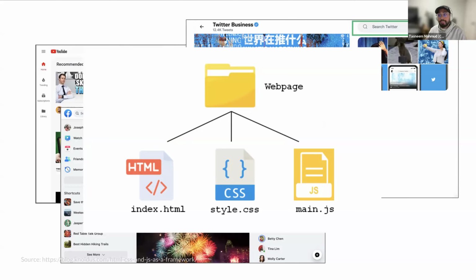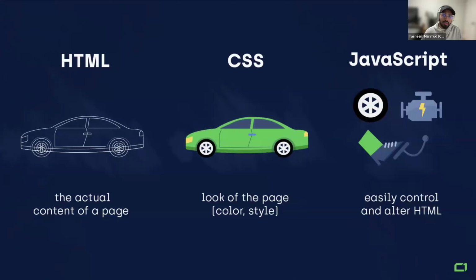So in general, for a web page, we require three components. One, HTML, two, CSS, three, JavaScript. Each of these components have their own responsibilities. If we take a look at this diagram or image over here, this talks about what each of these components do.